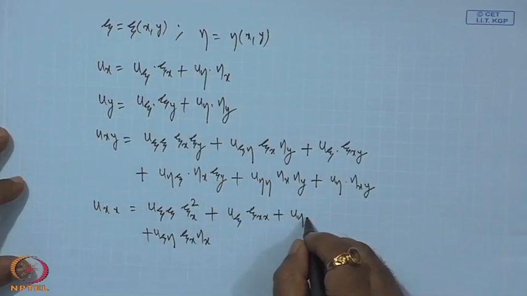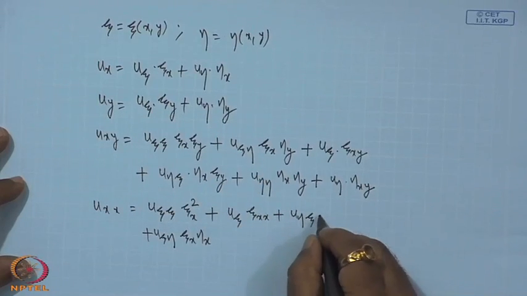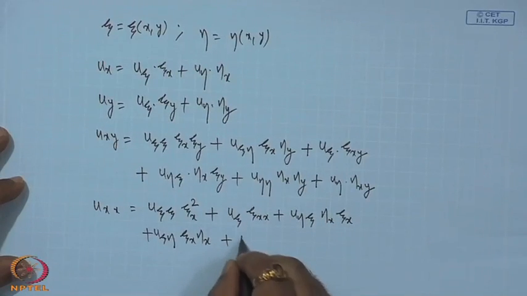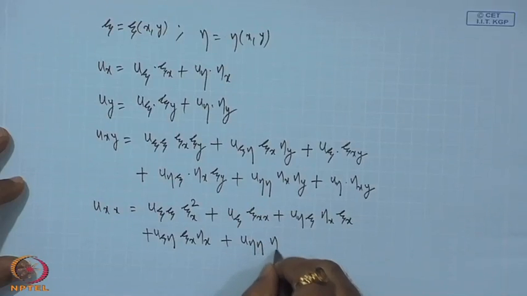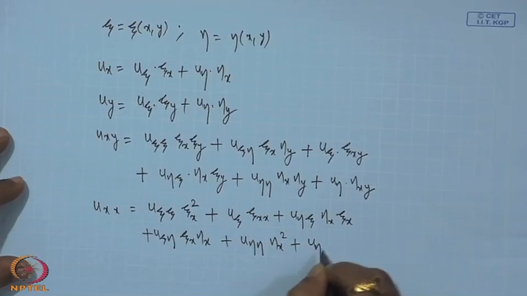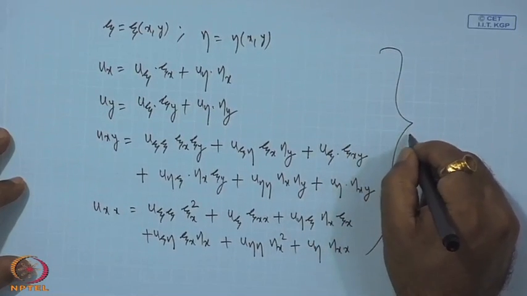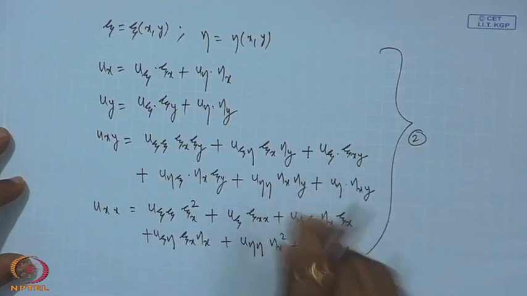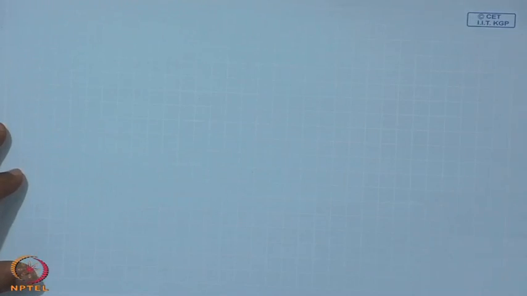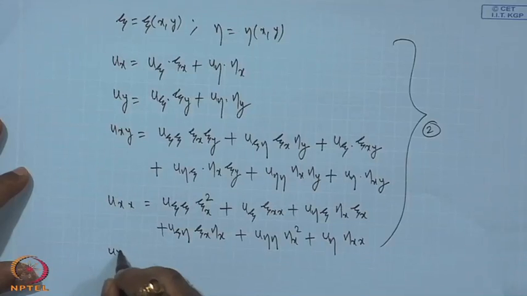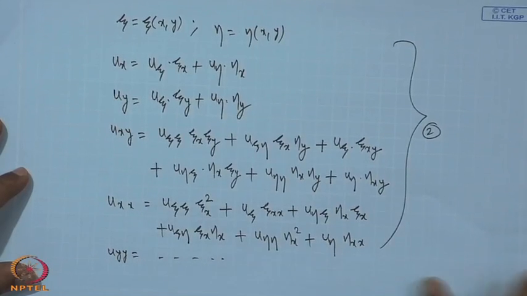Similarly u eta zeta plus. So these are just two. I am leaving u yy as an exercise.